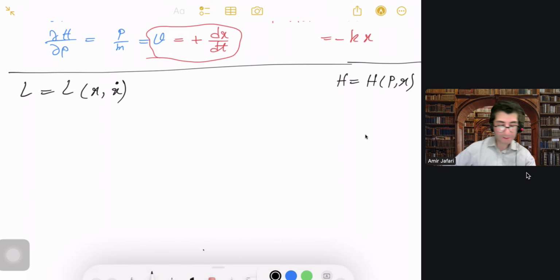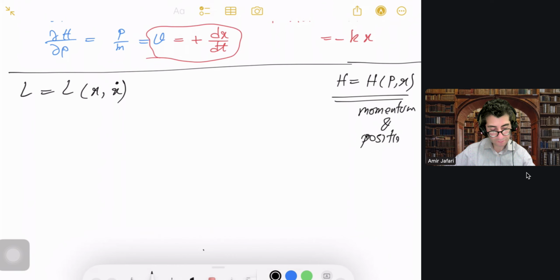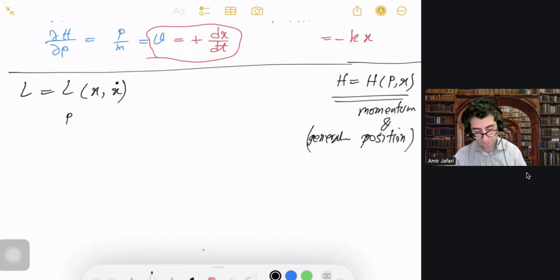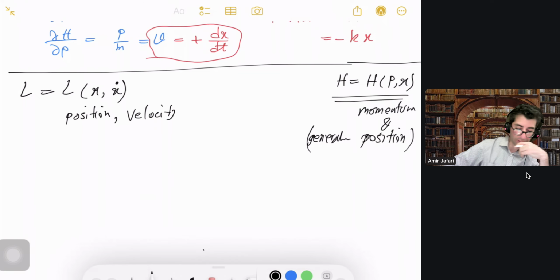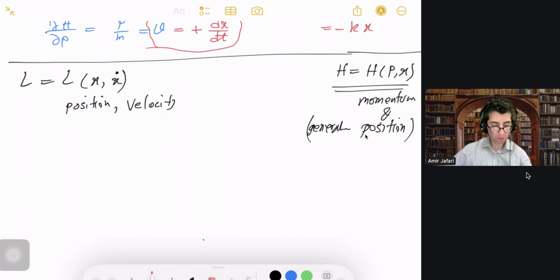So instead of the Hamiltonian, which is a function of momentum and positions, here I use position as independent variables and velocities, or x dot if it's a time derivative. Okay.